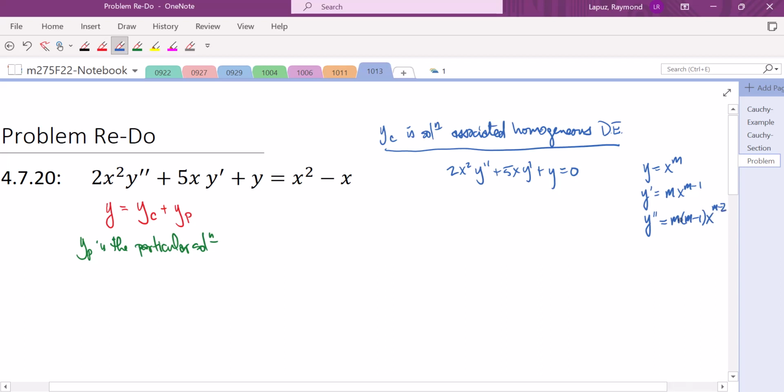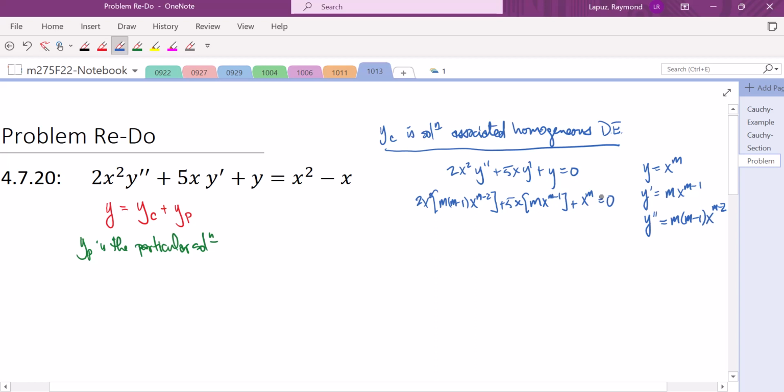And then we'll plug those expressions into our differential equation. So we have 2x squared times m times m minus 1 times x to the m minus 2. We have 5x times m x to the m minus 1. And then we just have a y, which is x to the m, and all that is set equal to 0.